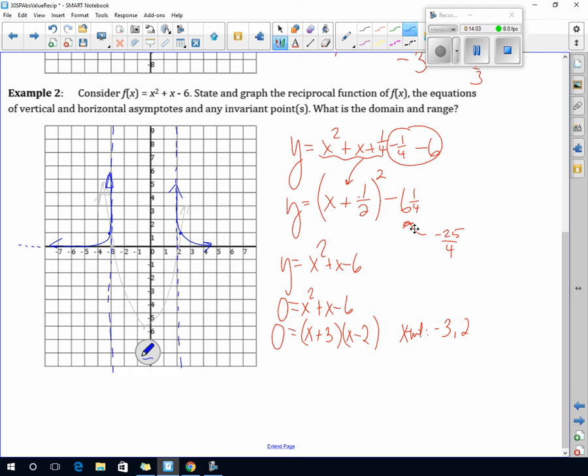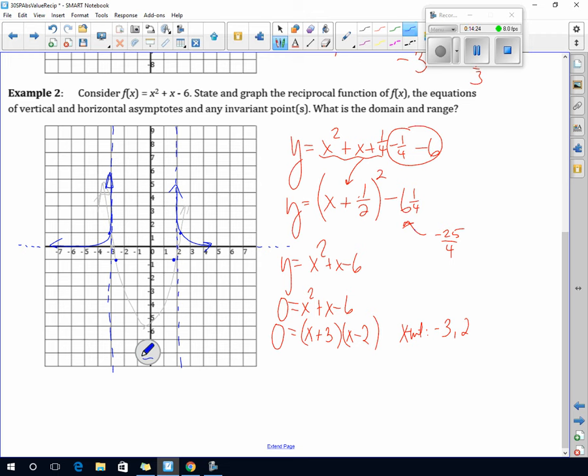Find the invariant points. The invariant points are at height of negative 1. So there and there. What's going to happen? Okay, so what's going to happen? See, this parabola is getting little negatives there.